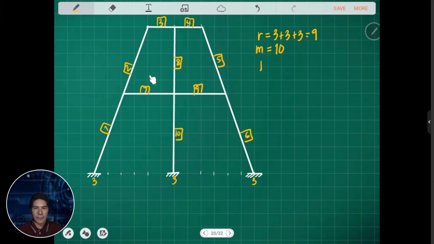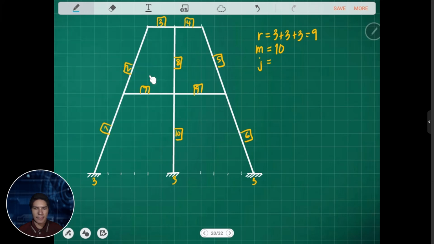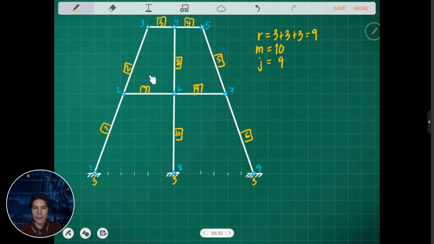For the number of joints, we just need to count. We have 1, 2, 3, 4, 5, 6, 7, 8, and 9. So we have 9 joints.